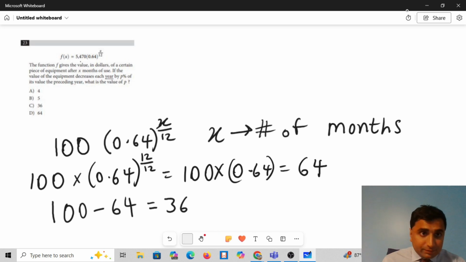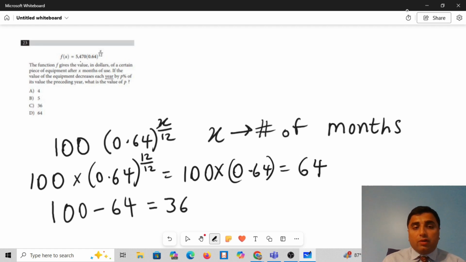And now, again, the problem has told us that the actual original value of the piece of equipment is 5,470. But what we are looking for is the percentage by which the value of the equipment decreases.